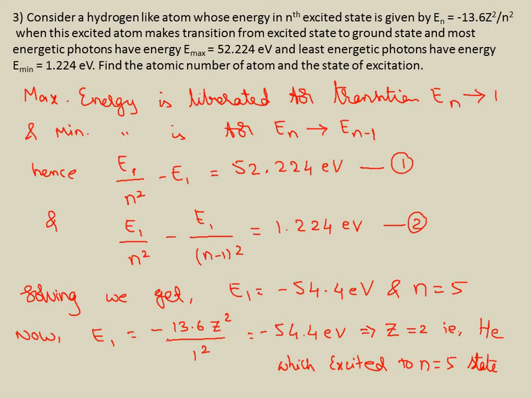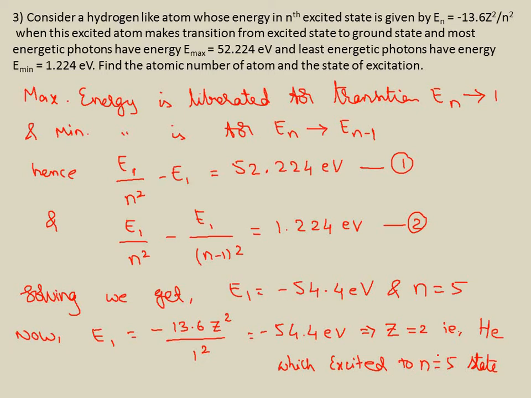E1 equal to minus 13.6 Z square by 1 square, and that is nothing but this energy. For this condition, the lowest energy is minus 54.4, the ground energy. So if I substitute that, I can get Z to be 2. And what is the atomic number Z? That is for helium, and the excited state is n equal to 5, right? And that was the fifth energy state. Are we clear with this?